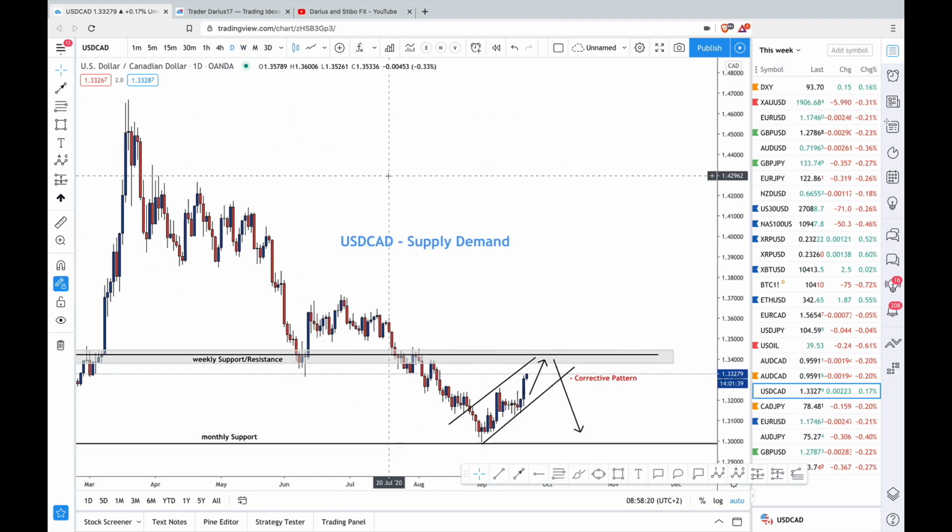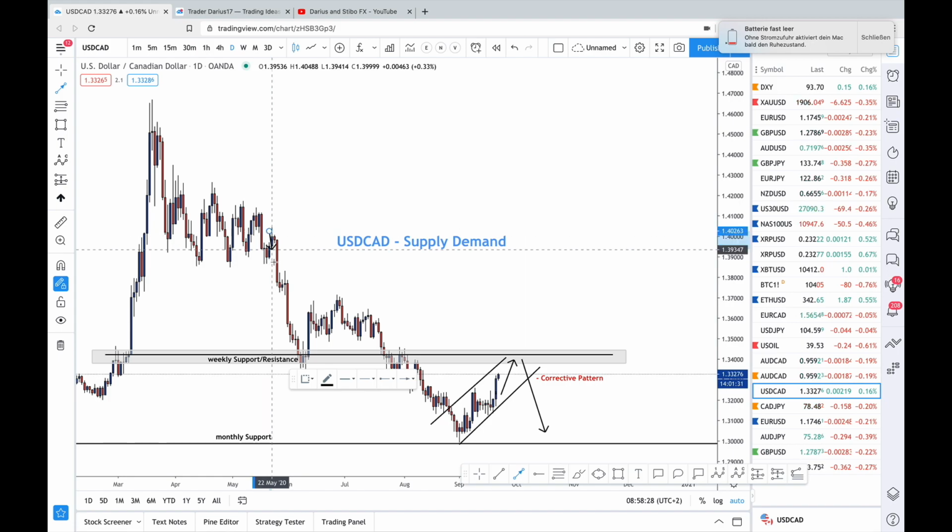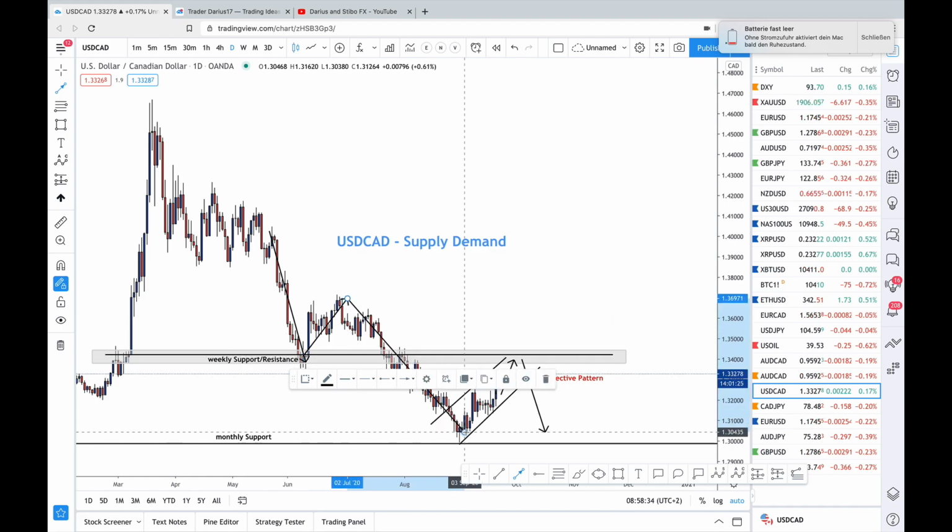And right now, what we can see is that the price actually gave us this impulsive move to the downside, corrective to the upside, impulsive to the downside, and now again we got a corrective pattern to the upside.